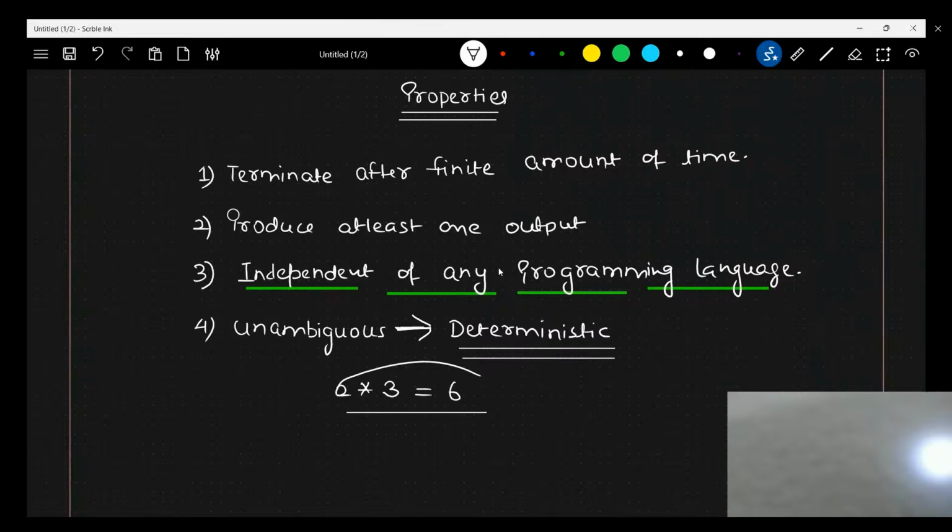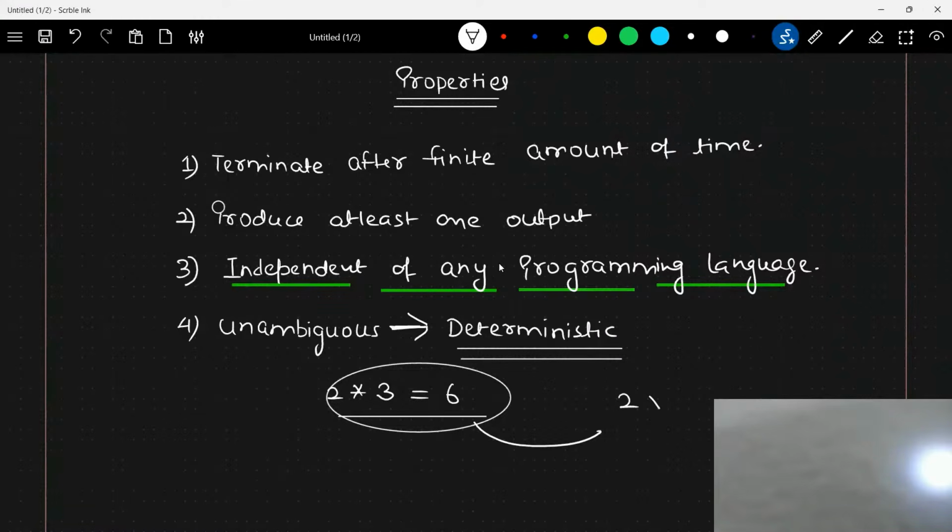Now if the same code 2 days back, 2 into 3, you are again getting the same output. You should get the same output, right?